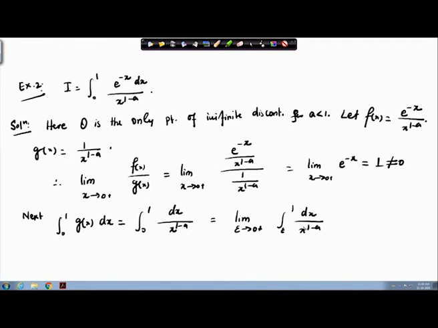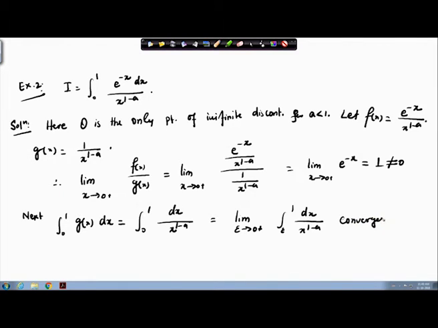Then we do the integration like we did before, and then we substitute epsilon in the integral and the value of the integral, and then we make epsilon goes to 0. So, this is very straightforward to do here, and we can be able to see that this integral here converges.